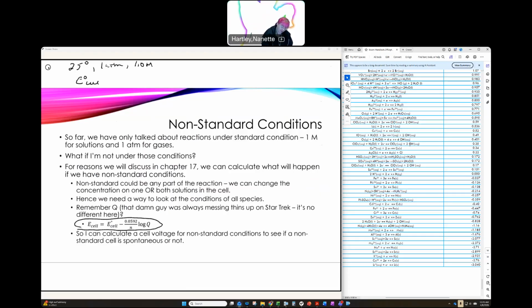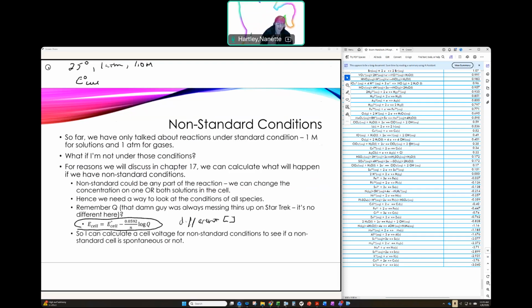Or we can set up for different concentrations and different temperature. I'll show you that equation on the next slide. So it could be that I took away product, and so I don't have enough product. And of course, if I don't have enough product, then I'm going to want to go forward. And so that changes the drive for that reaction.